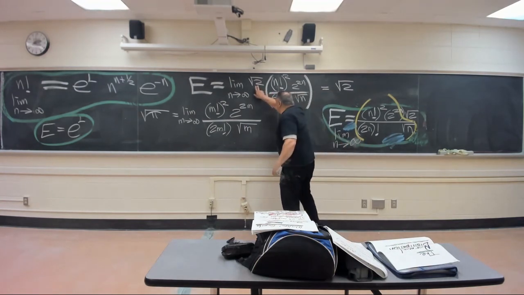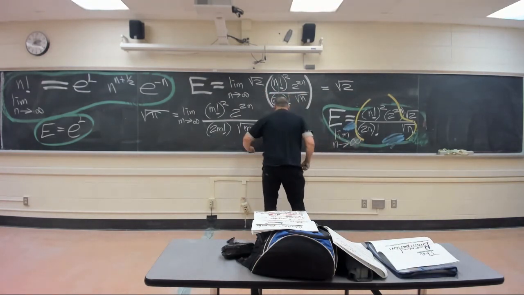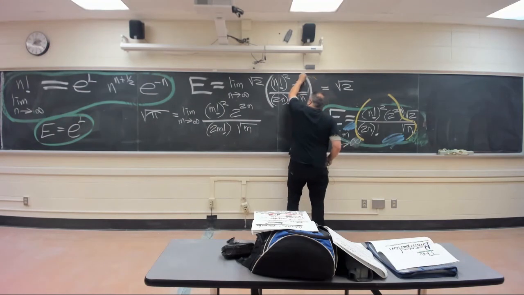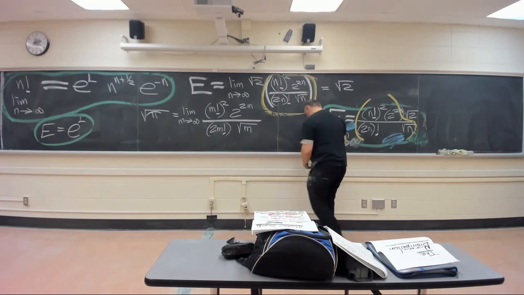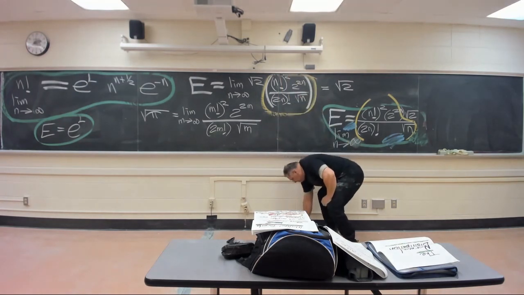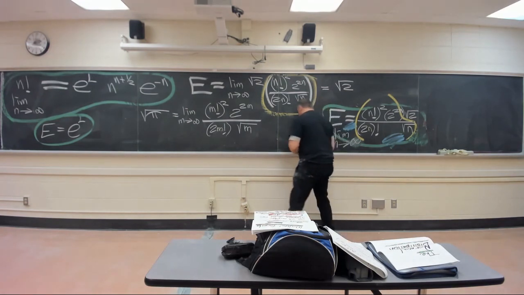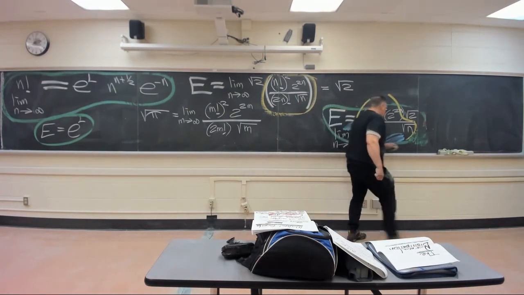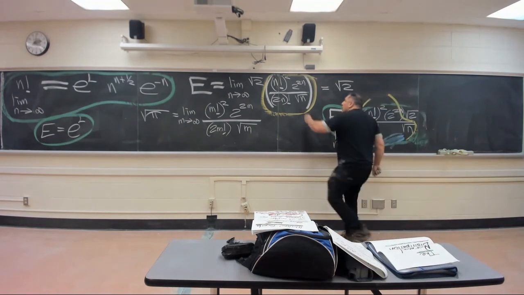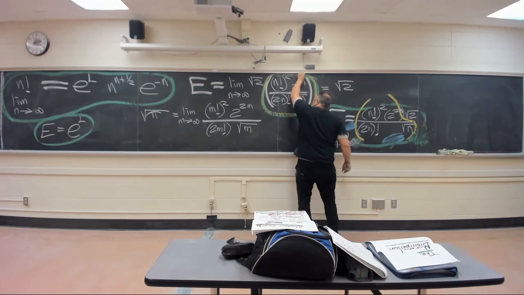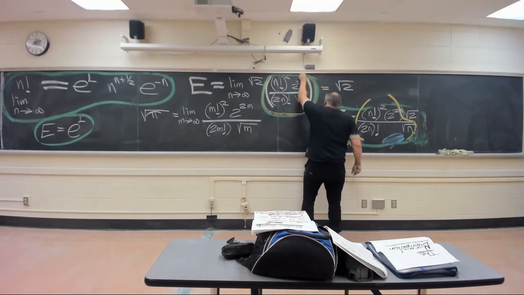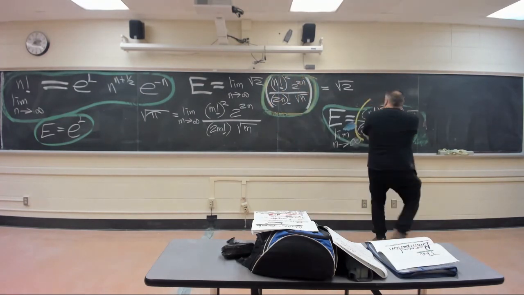It's the square root of 2 times the square root of pi. Guys, the square root of pi.